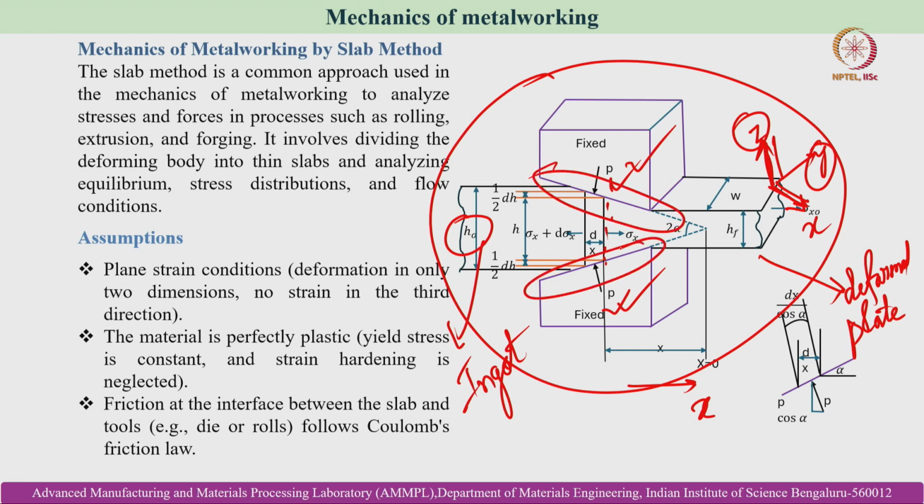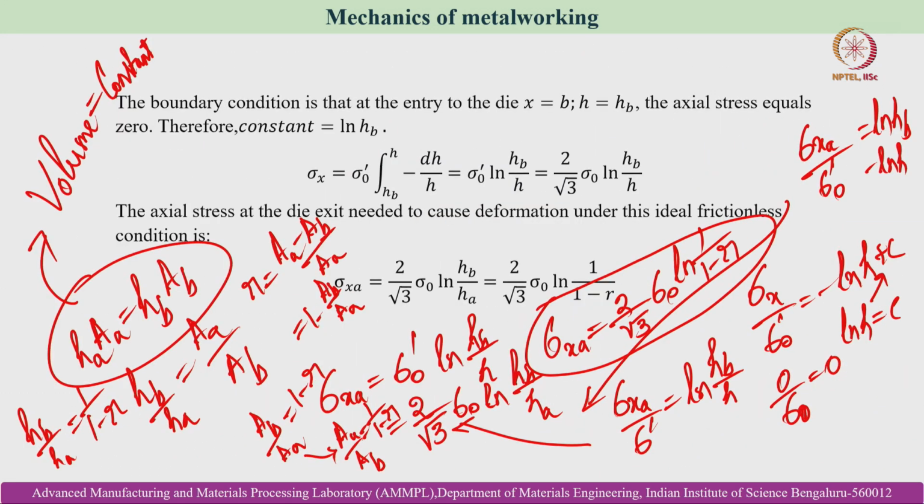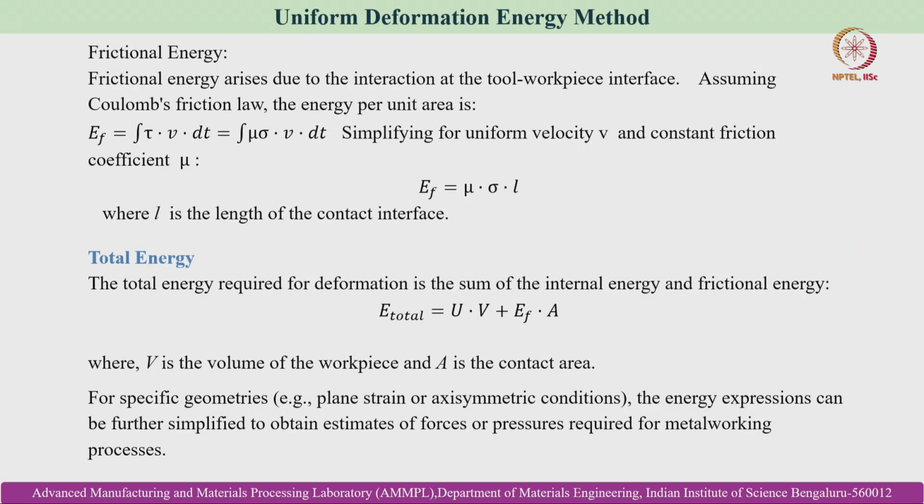Assuming Coulomb's friction law, the energy per unit area E_F is equal to the integral of tau into V into dt, which is equal to mu sigma into V dt. Simplifying for uniform velocity V and constant friction coefficient mu, we get E_F is equal to mu sigma into L, where L is the length of the contact interface.